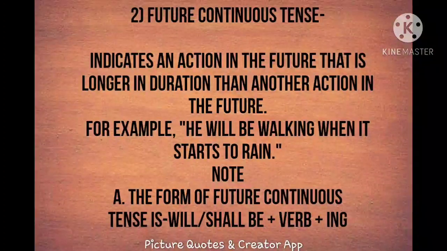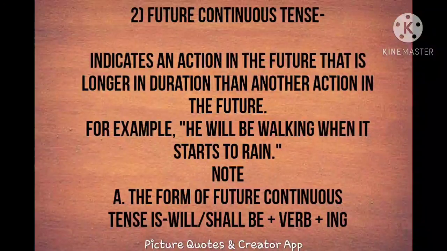He will be walking when it starts to rain. So he will be walking. That sentence is in future continuous tense. It's a longer action. It takes some time, longer in duration.